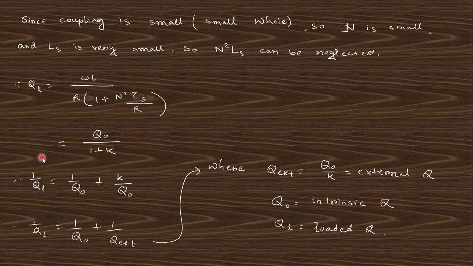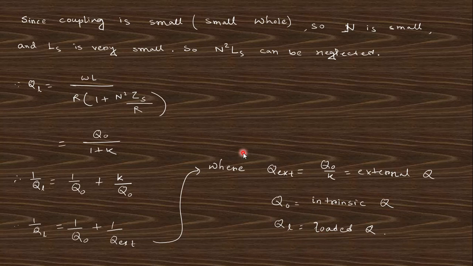So you can write 1 by QL equal to 1 by Q0 plus 1 by K Q0. When K is 1, this relation can be proved, where Q external will be Q0 by K. Q external is the external quality factor, Q0 is the intrinsic quality factor, and QL is the loaded quality factor.